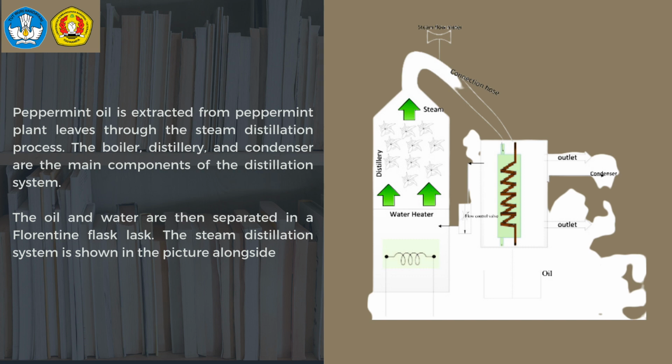The evaporated steam then passes to the condenser through the condenser pipe. The oil and water are separated in a separator. The steam distillation system is shown in the picture alongside.